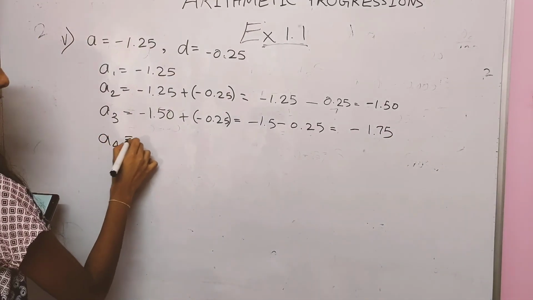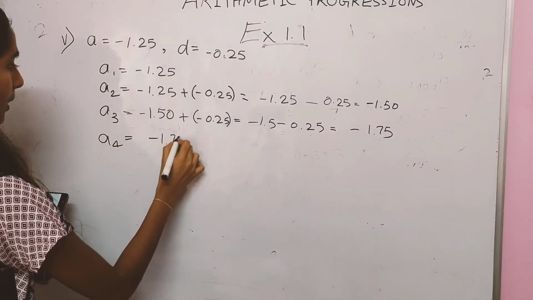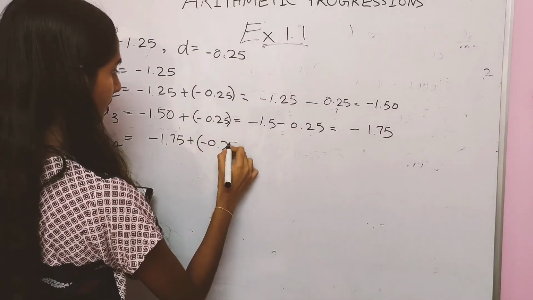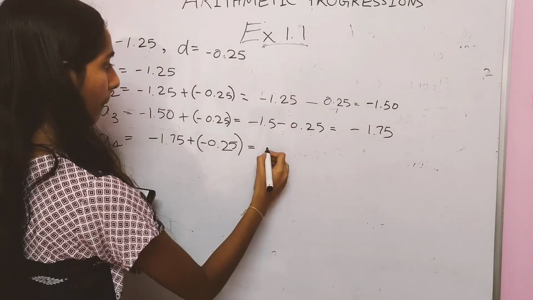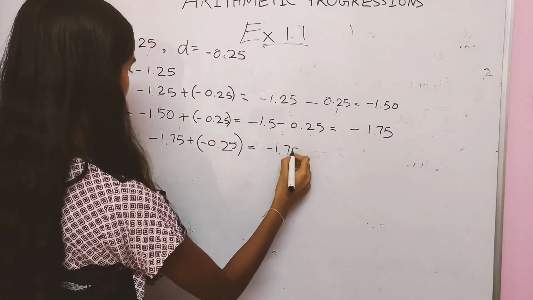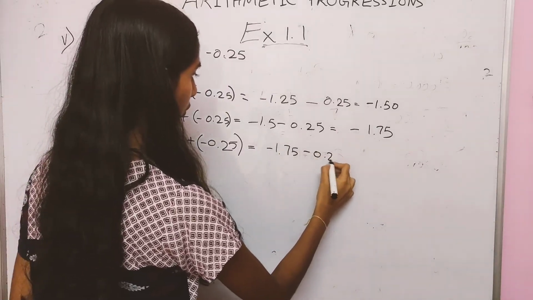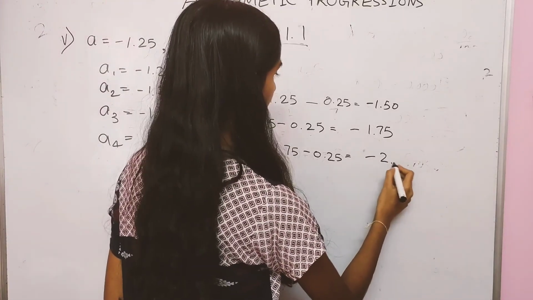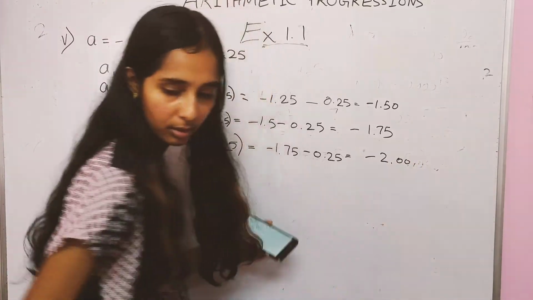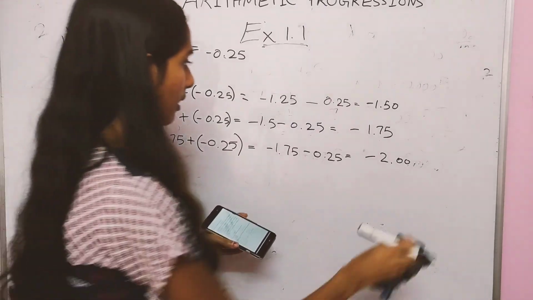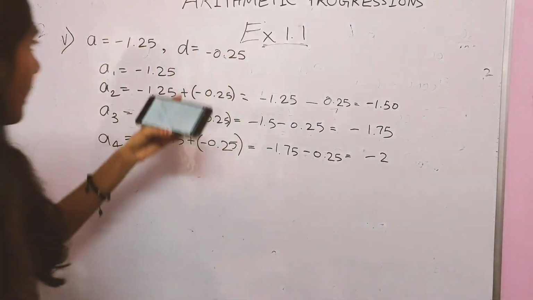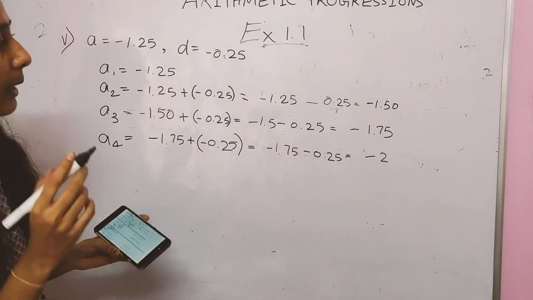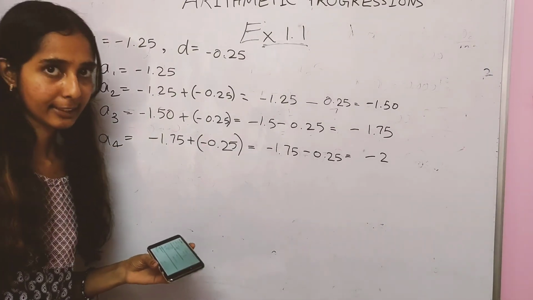A4, third term plus common difference, minus 1.75 minus 0.25 gives you minus 2.00. That is nothing but minus 2. So the four terms are minus 1.25, minus 1.5, minus 1.75 and minus 2.